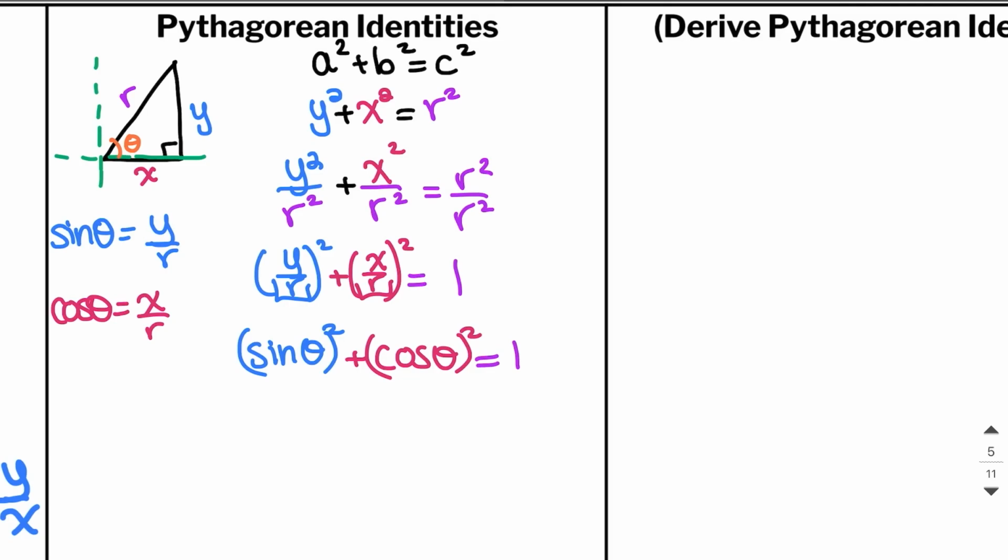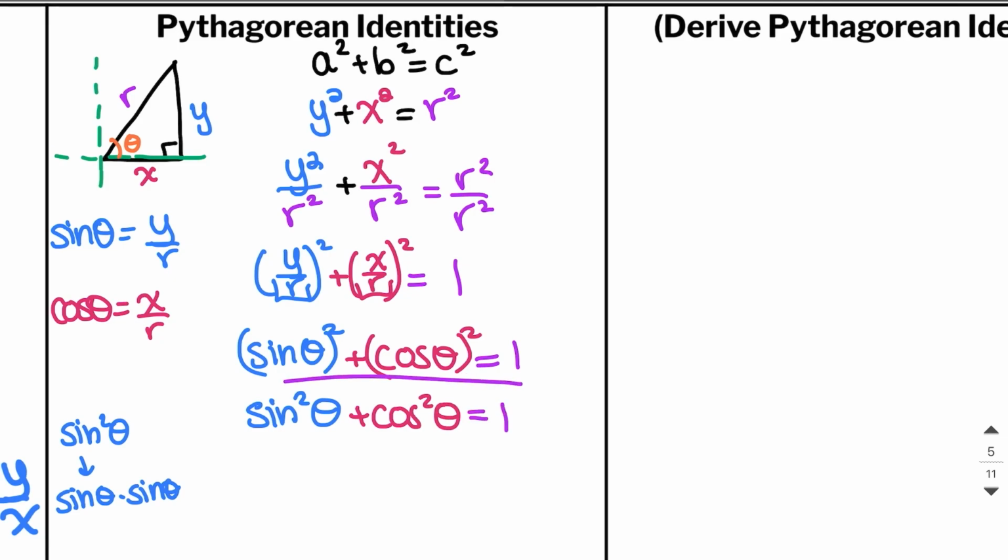But we don't typically write it like this. We write sine squared theta. What this means is sine times sine. So sine squared theta is the same thing as sine of theta times sine of theta. Plus cosine squared theta, and that's going to equal 1.